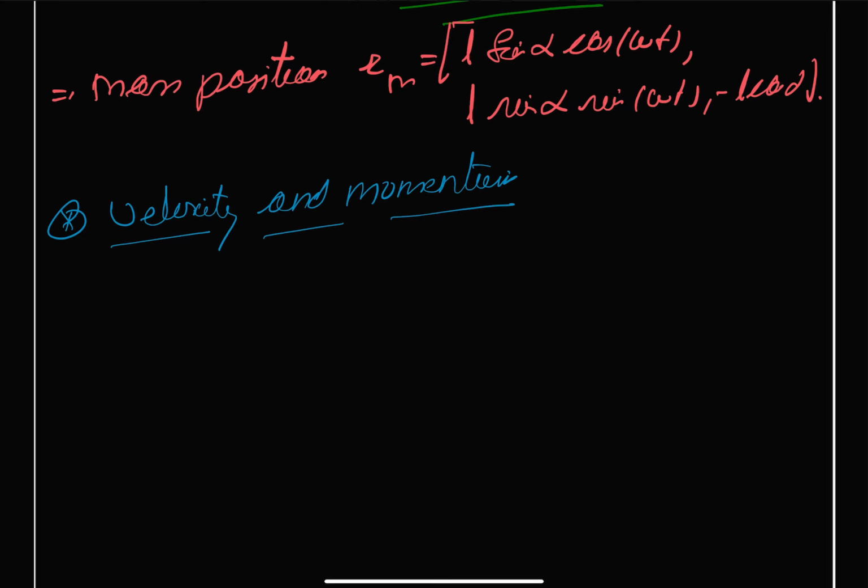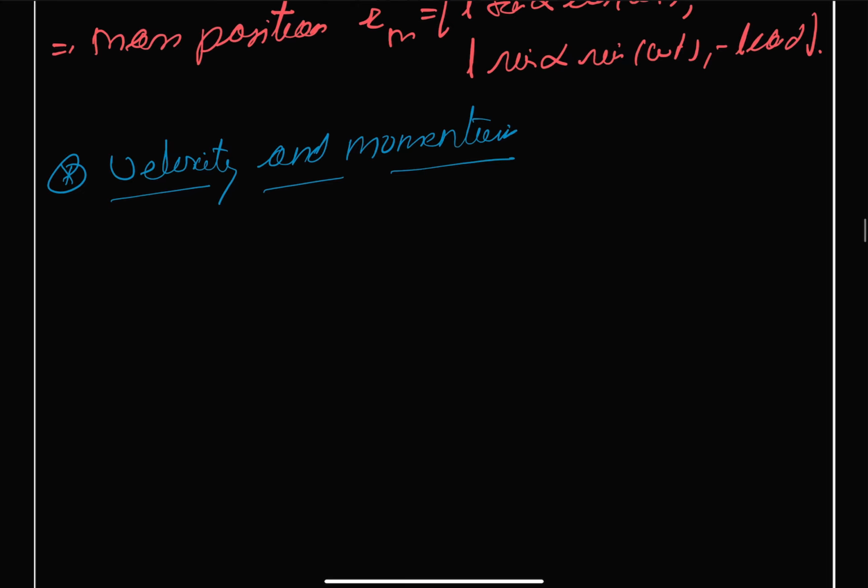So angular velocity. Let us say our angular velocity, that is omega, is equal to omega k unit vector.